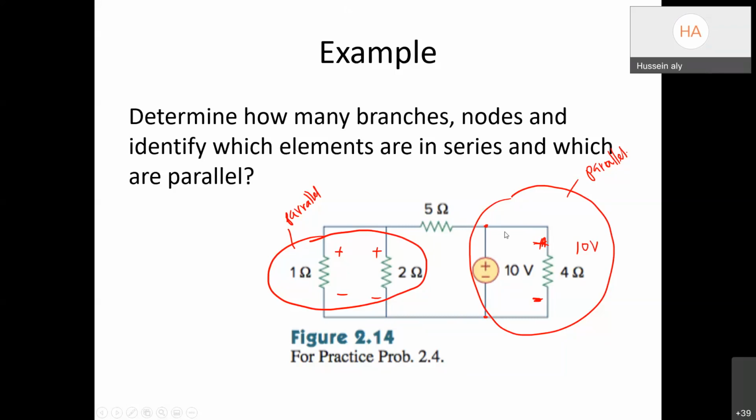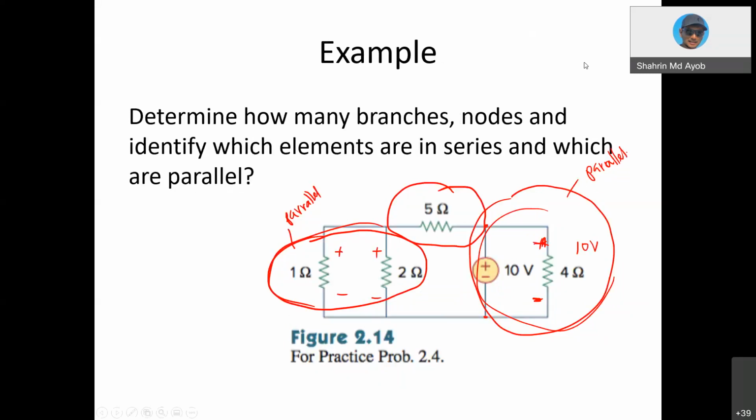So the 1 ohm and 2 ohm are not parallel with the 10 volt, okay? Because in between them, we have the 5 ohm. So this one is not parallel with this one.